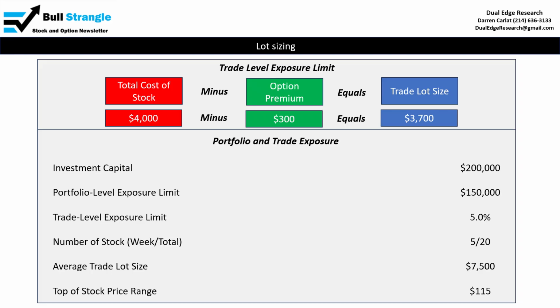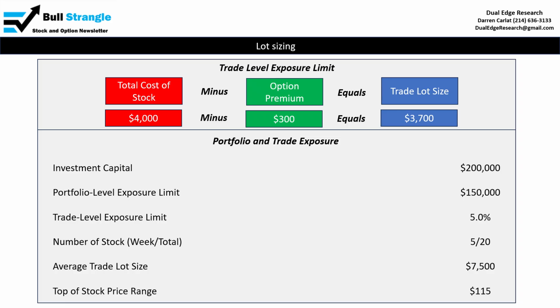Now let's look at how that works across a broad range of investment capital assumptions. We're going to start all the way off on the far right, and this is actually what I think is the ideal situation. In this scenario, we have a $200,000 investment capital level.